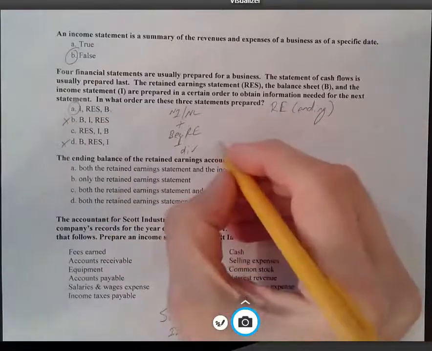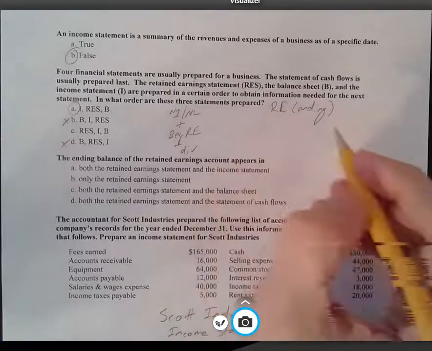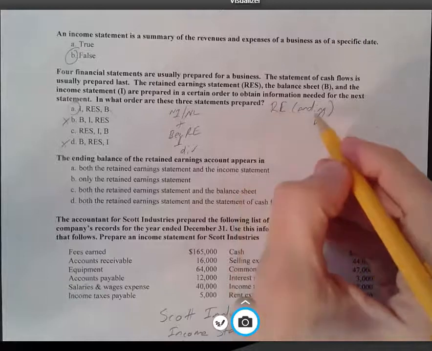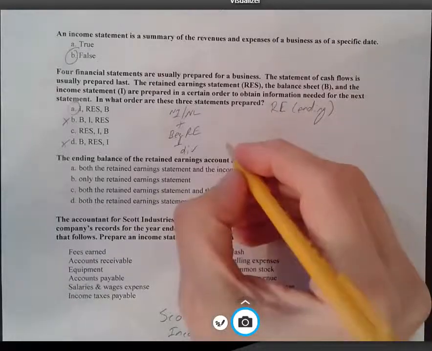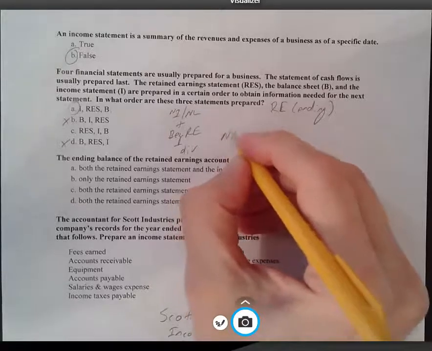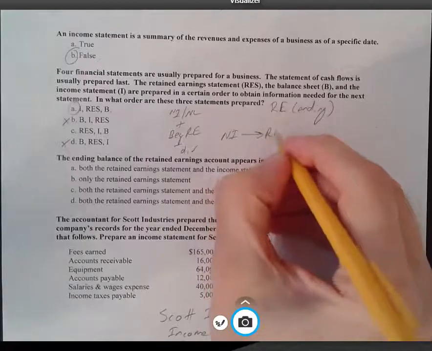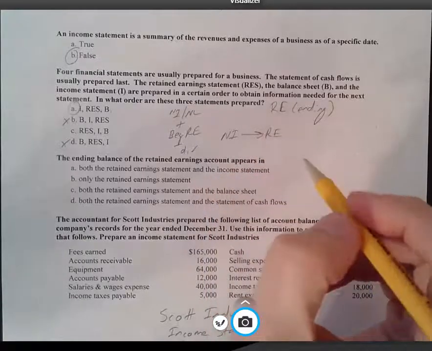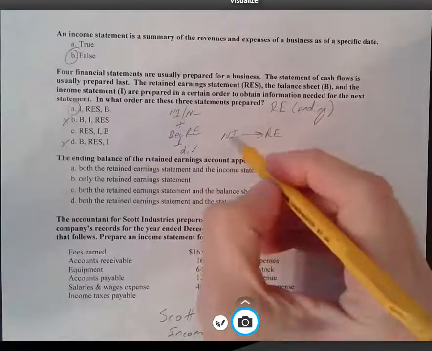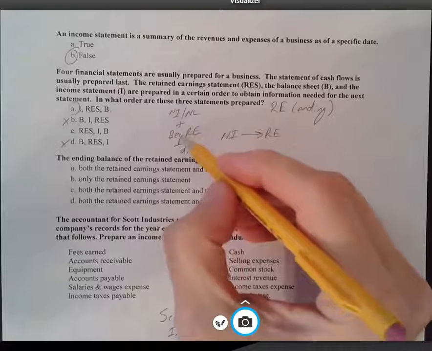So I want you to understand how this works. When we're talking about retained earnings, what we're saying is that net income flows to retained earnings. So we absolutely have to calculate net income or net loss first. If we don't do that, we can't do this step right here.